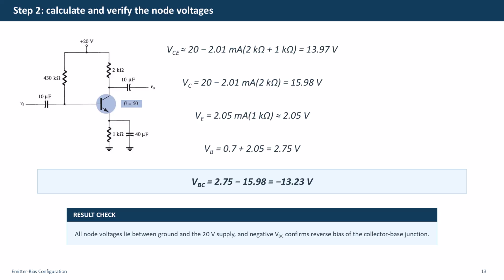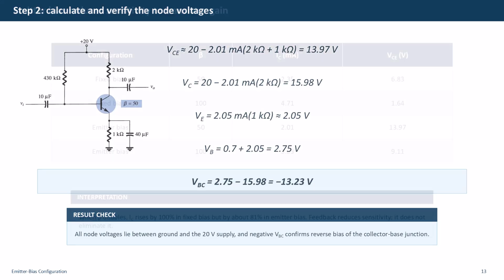Using the exact emitter current, the emitter voltage is about 2.05 volts and the base voltage is about 2.75 volts. Base to collector voltage is then 2.75 minus 15.98, which is negative 13.23 volts. This negative value confirms that the collector base junction is reverse biased. Small differences from a calculation that approximates IE by IC are expected and should be stated consistently.